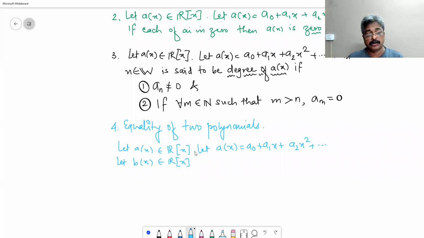Let b of x belong to R of x. Let b of x is equal to b0 plus b1x plus b2x square plus dot dot dot.